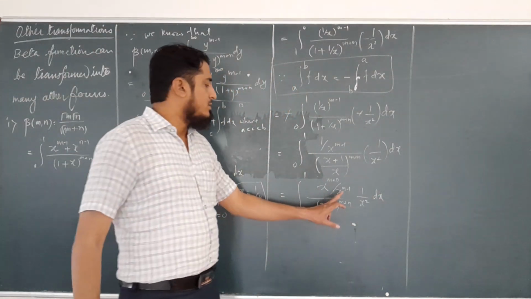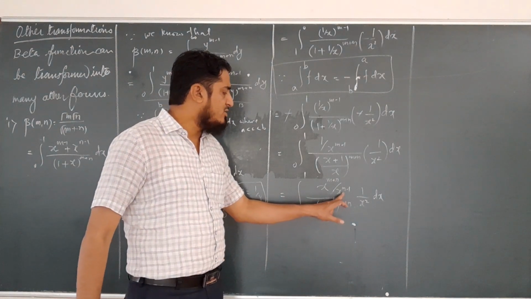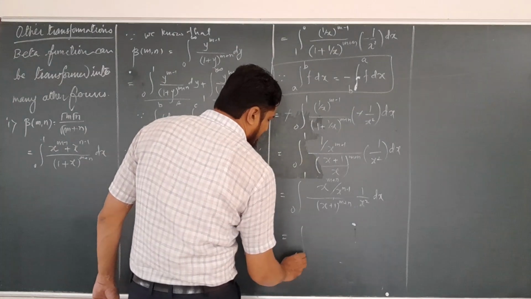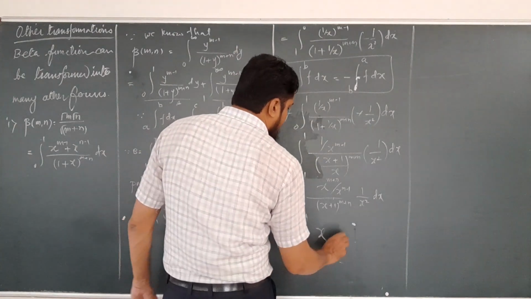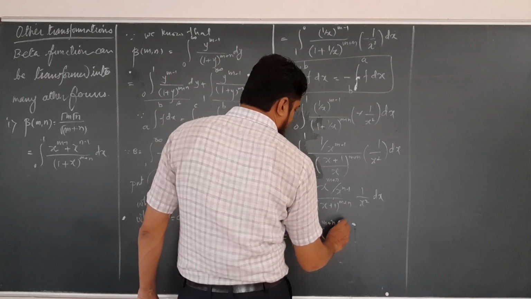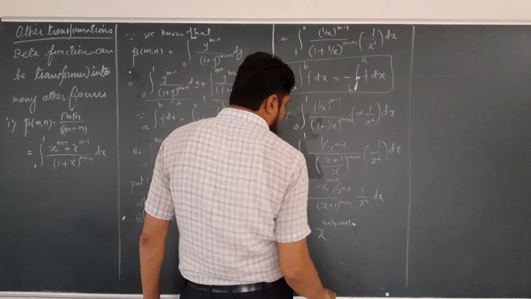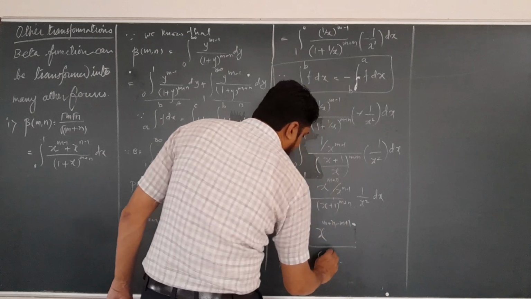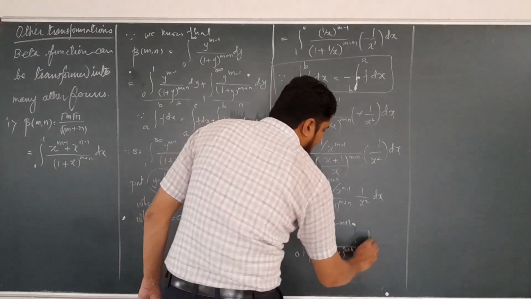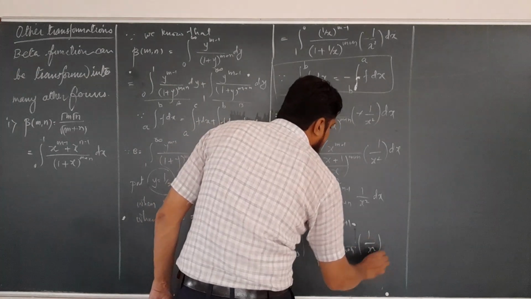Now shift this denominator to the numerator, we will get integration from 0 to 1 x raised to m plus n minus m plus 1 upon 1 plus x raised to m plus n, times 1 upon x square dx.